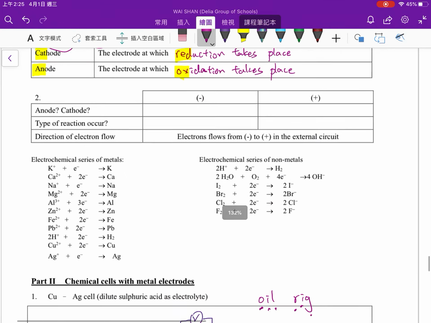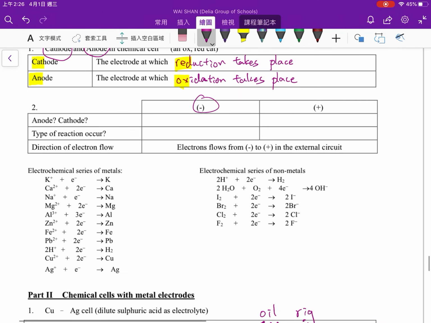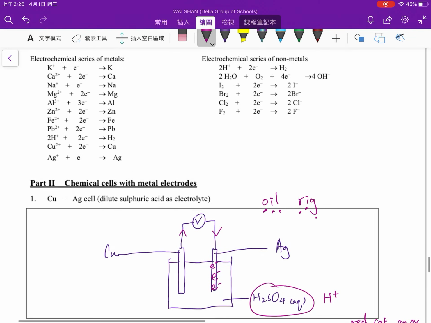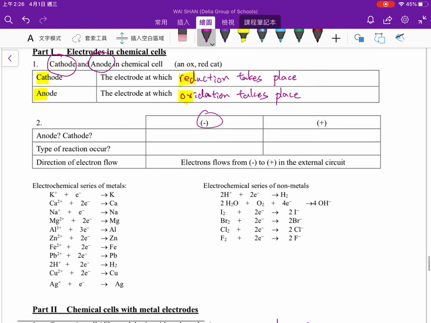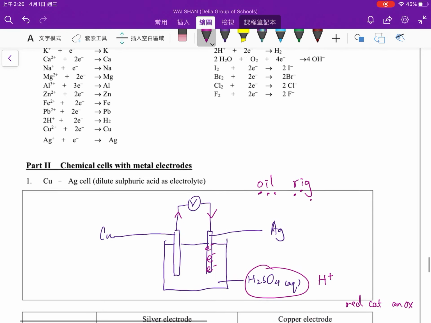So let's go back here. For the negative electrode, where the electrons come out, is it copper or silver? From chapter 28, we know it is the place where electrons come out.